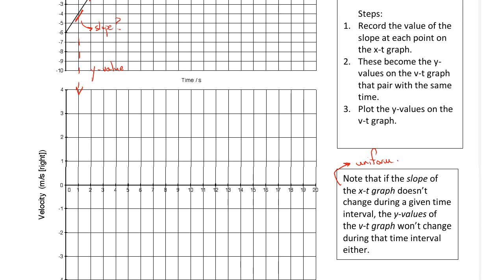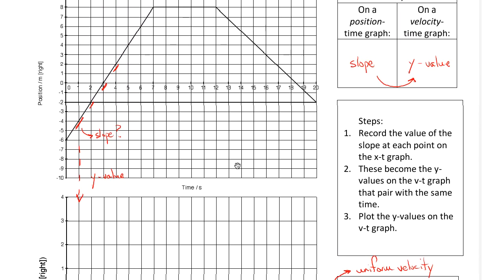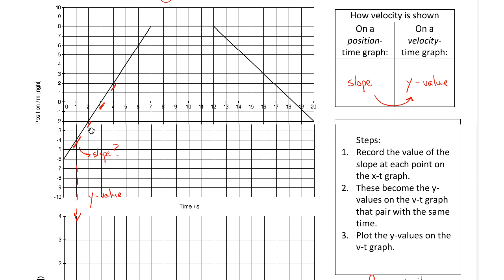And that means that the y values of the corresponding velocity time graph aren't going to change during that time interval either. And that's going to save us a lot of work, because instead of having to find all of these slopes for each individual tangent, I just find the slope for the overall line segments, and then those become the unchanging y values for those same times on the corresponding velocity time graph.